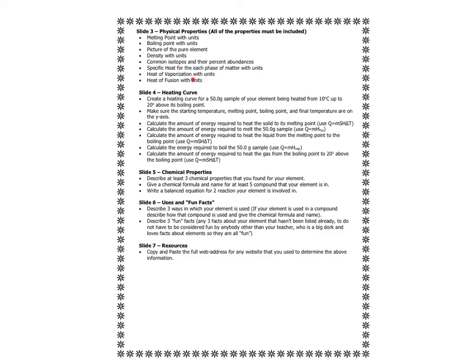The best place to find these is on Google. Just make sure you are copying and pasting full links of whatever websites you are using to your resources page, which I will talk more about later. Keep in mind a lot of these should have units, so make sure you write down those units as well.